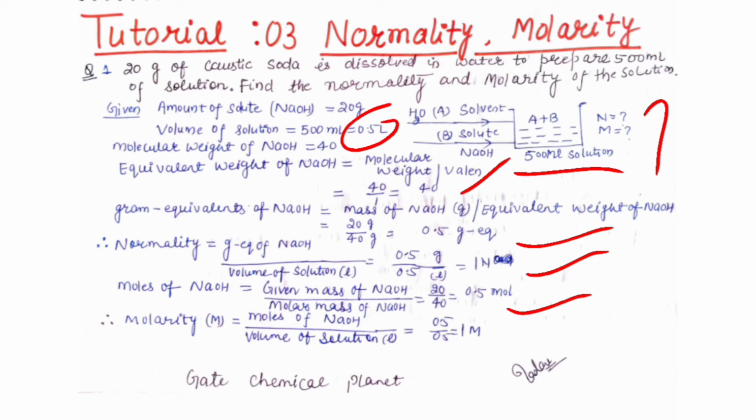Molarity equals the moles of NaOH divided by the volume of solution in liters. That is 0.5 gram moles divided by 0.5 liters. So the molarity is also equal to 1 M, capital M.